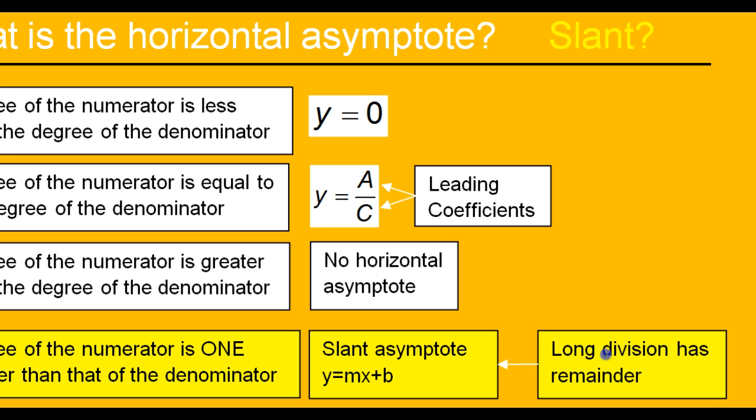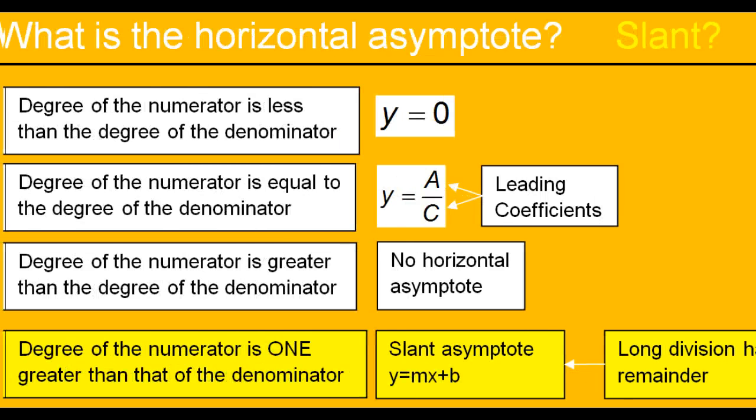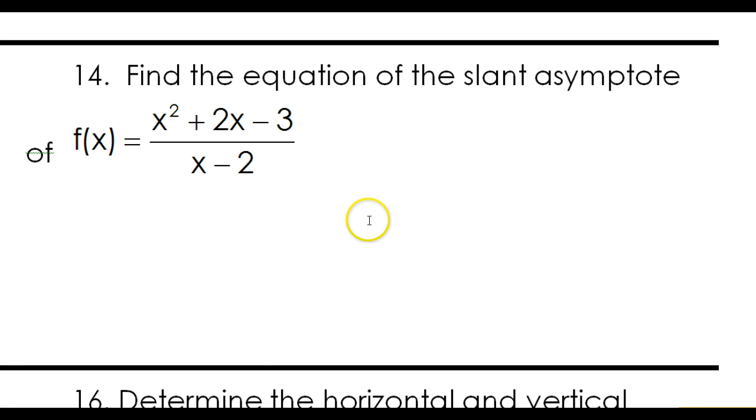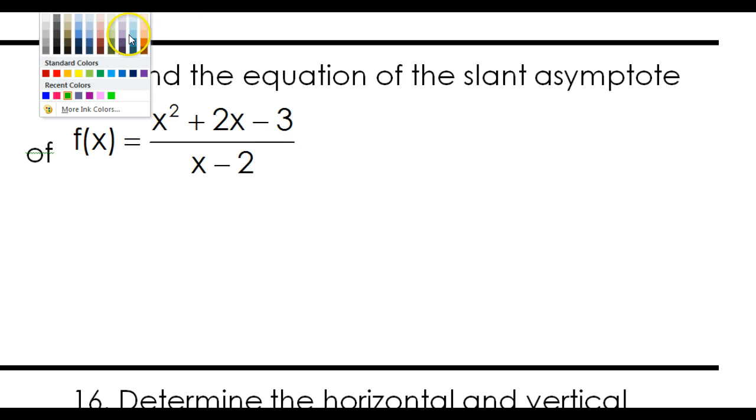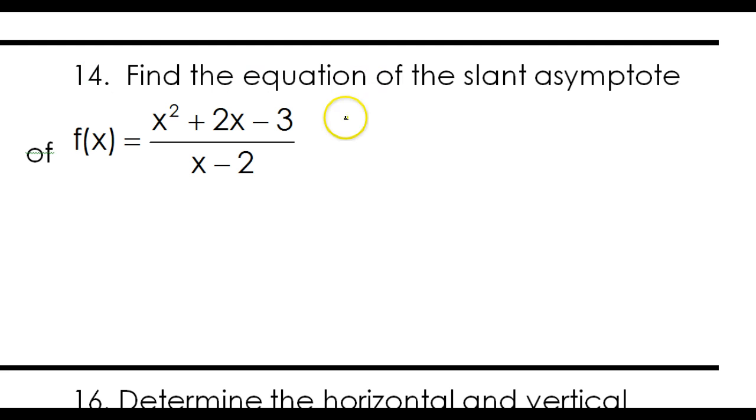If you do your division and there's no remainder, that means something canceled out. That means it divided evenly. And if that happens, then what you have is a hole, not an asymptote. So let's just do the division. Just make sure you do get a remainder.